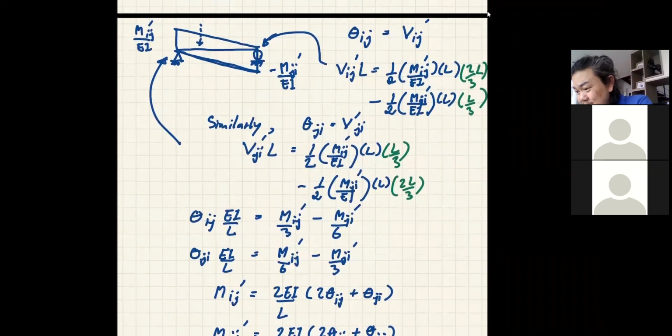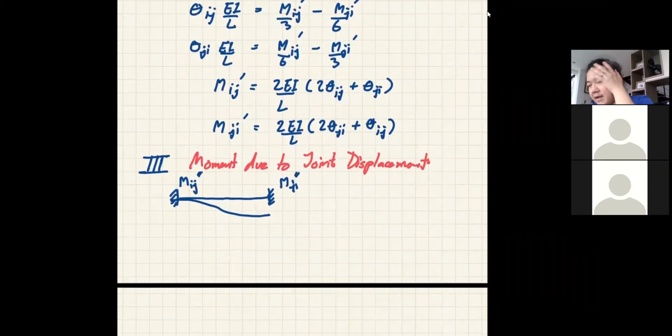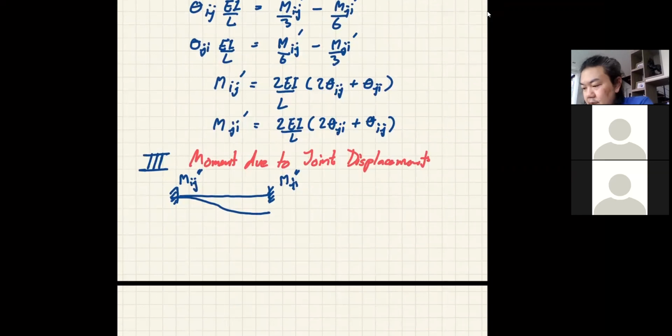What color did I use? Okay, same thing. Because we want to use clockwise positive sign convention, and I am rotating the member clockwise, instead we are going to have the counterclockwise moment. And this time again, I am going to use the conjugate beam method.